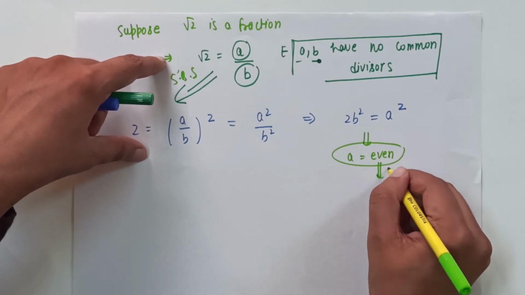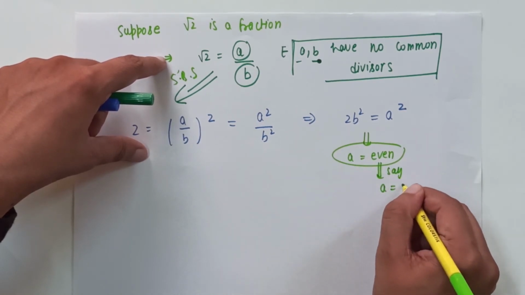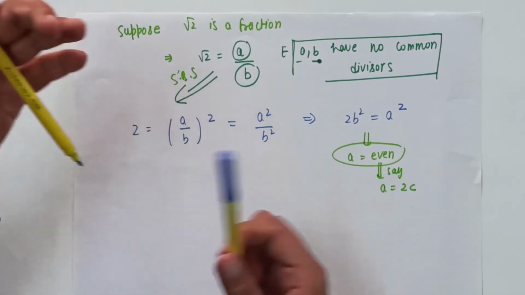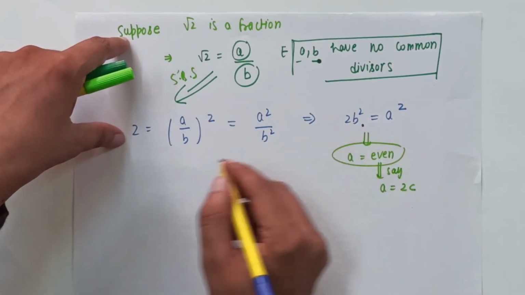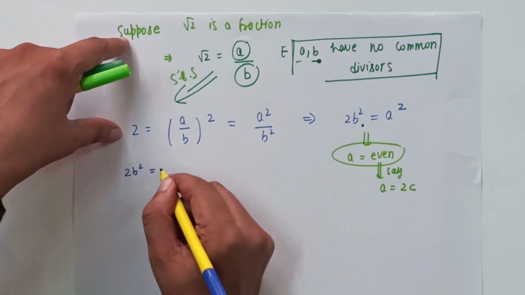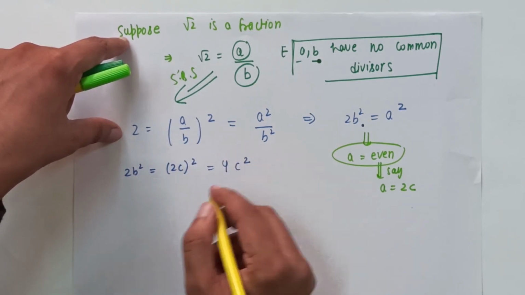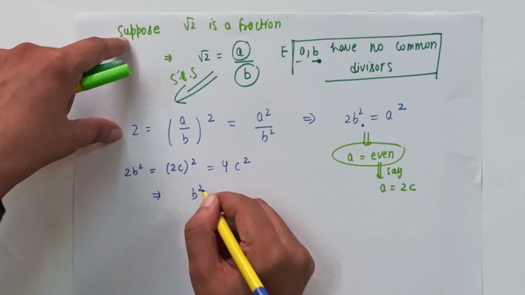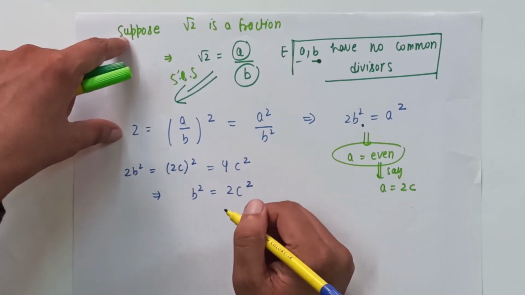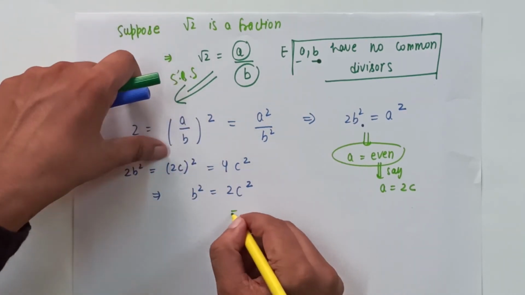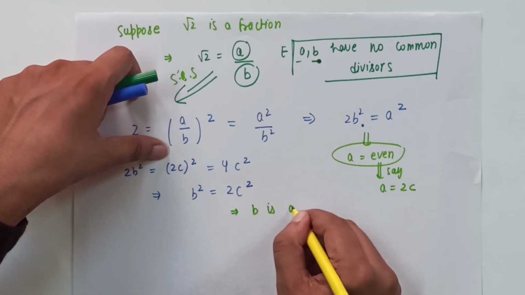Say a equals 2c. Now substitute back a in this equation, we get 2b square is equal to 4c square, which further implies b square is equal to 2c square. Hence we can also say that b is even.